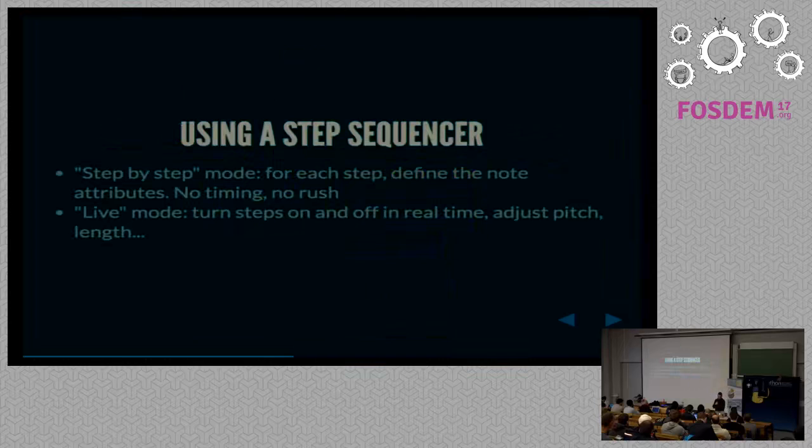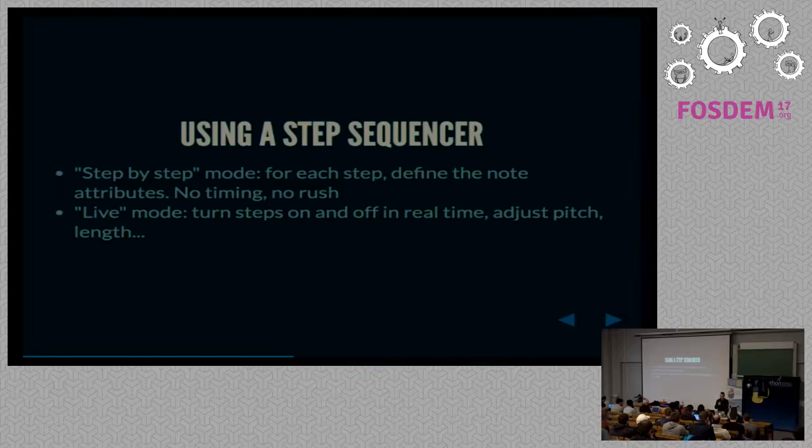So how can we use it in real life? Well, usually there are 2 modes. You have a step-by-step mode, which means that for each step we will define which note we want to play, and there's no timing, no rush, because we can modify everything, go back, modify a note, modify an attribute.